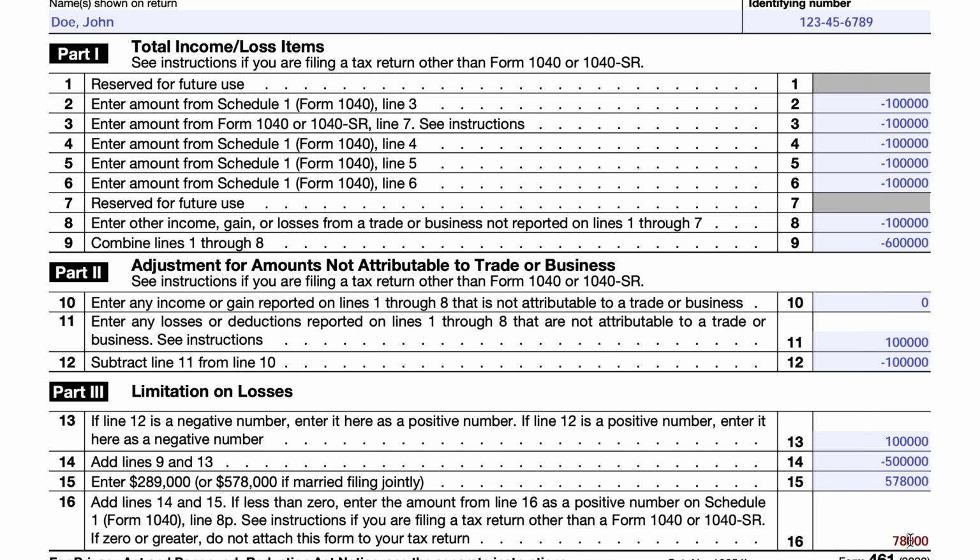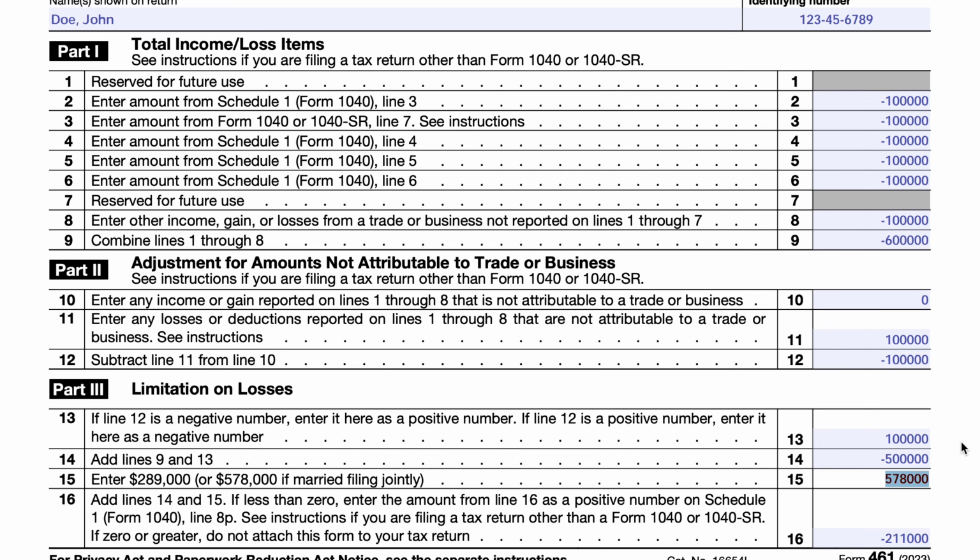Now, let's flip the script right here and imagine that he's doing this as a single taxpayer, in which case we're applying the $289,000 limitation, and we come up with a difference of negative $211,000.